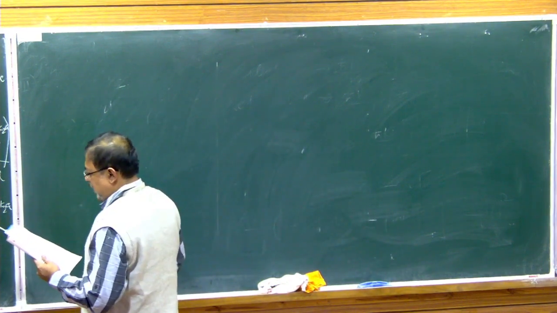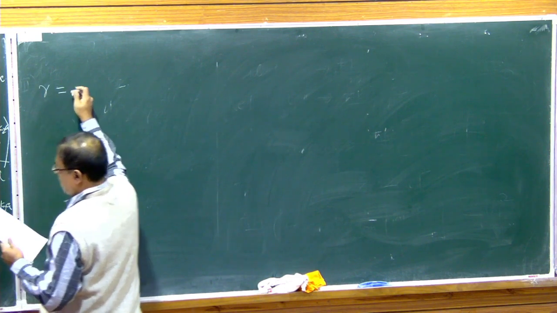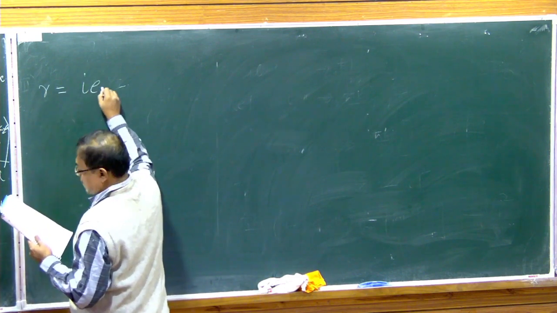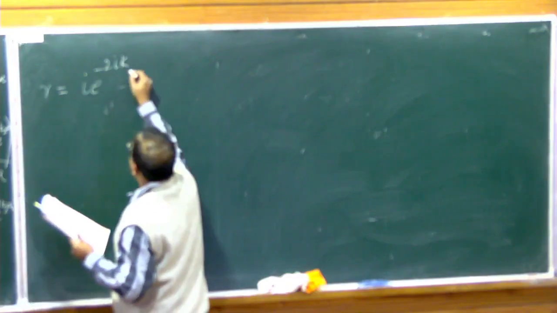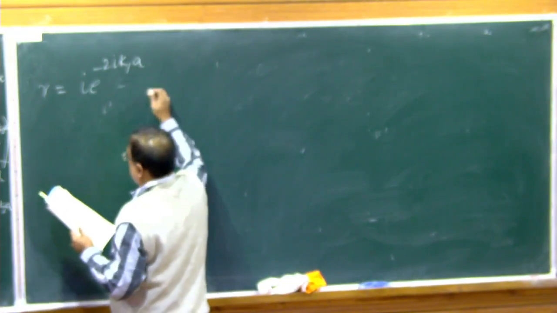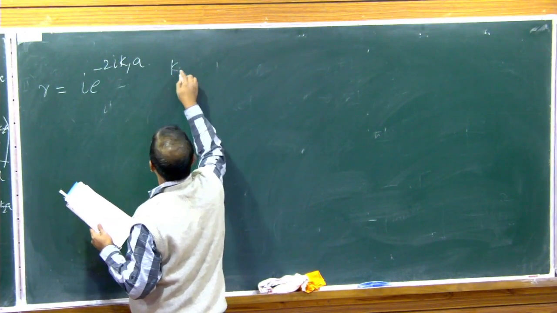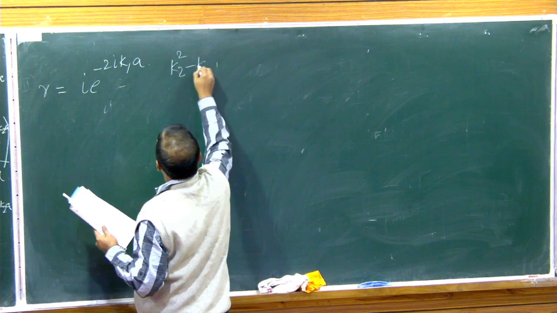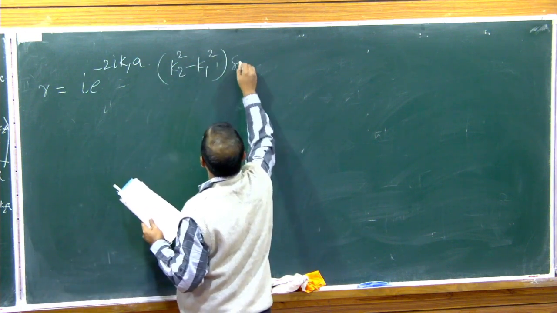Alright, so if you eliminate a and b, you get r equal to i exponential minus 2i k1 a, and then you have (k1 squared minus k2 squared) sine 2k2a. You should check all of these things.